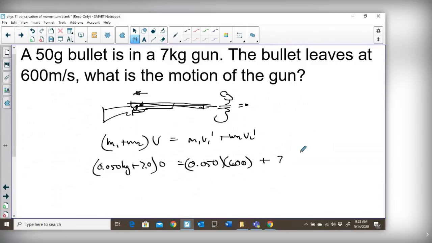And then we have our 7 kilograms, and v2 prime is what we're looking for. So this is equal to 0.05 times our 600. So that would be equal to 30.